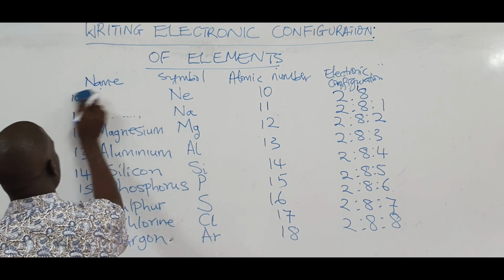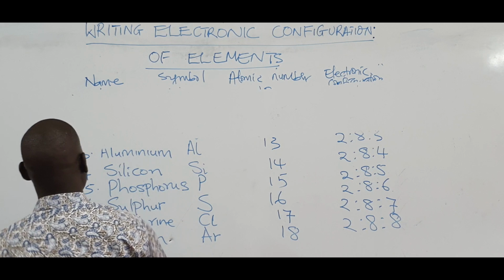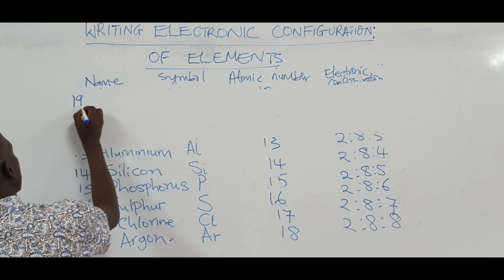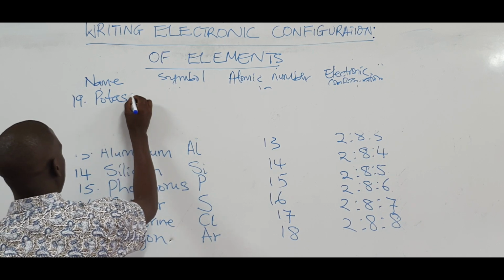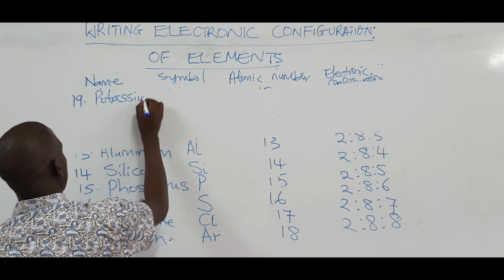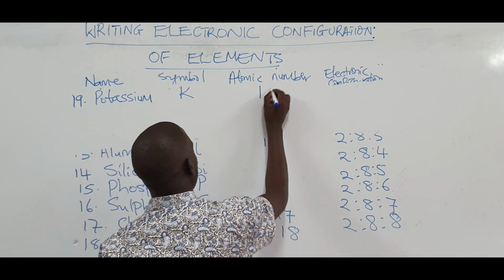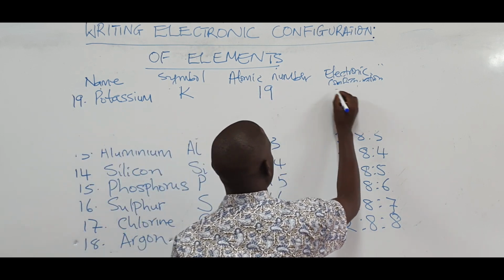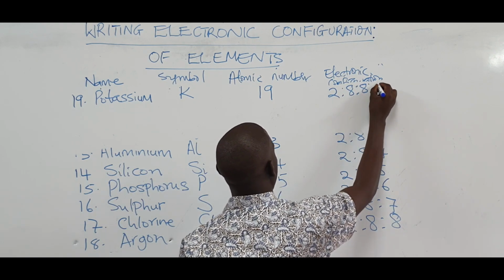Now let us look at the last two elements. So 19 is potassium. Potassium is K. Atomic number 19. Electronic configuration 2, 8, 8, 1.